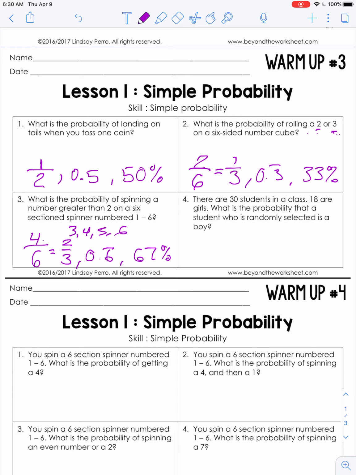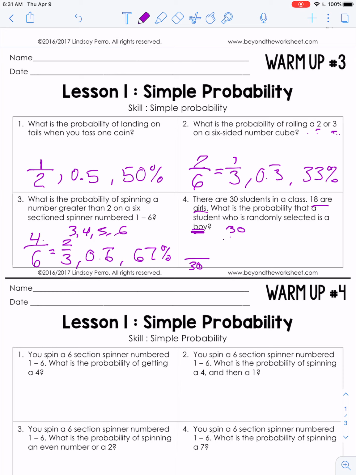There are 30 students in the class. 18 are girls. What is the probability that a student who's randomly selected is a boy? So we know that there's a total of 30 students, so we have 30 total outcomes, and we want to know how many boys are in the class. So they tell us there's 18 girls, so we have to do some math.